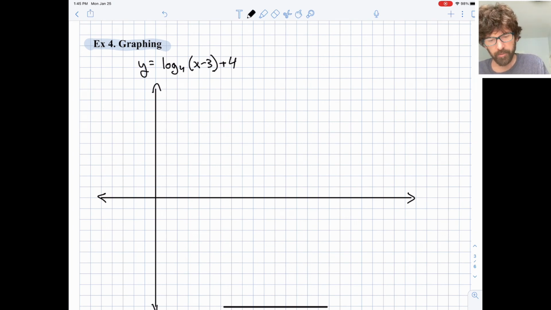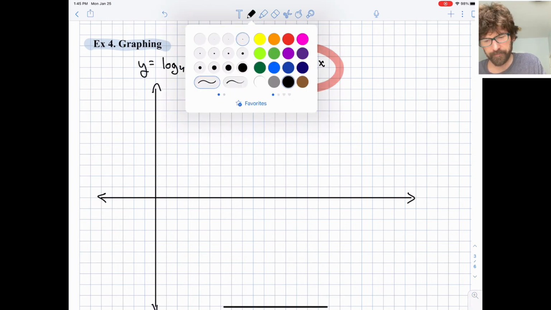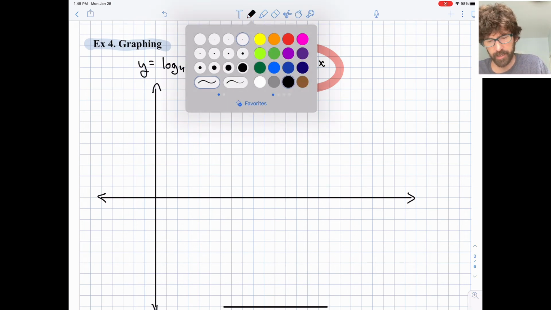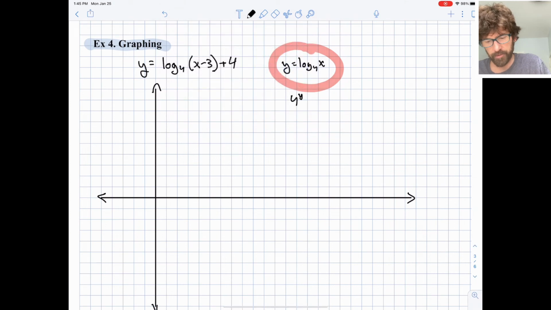So what I actually want to do first is simply graph y equals log base 4 of x, and then I'll apply the transformations. I'm going to plot this one in red. y equals log base 4 of x. So just keep in mind that is the same as 4 to the y equals x, right?